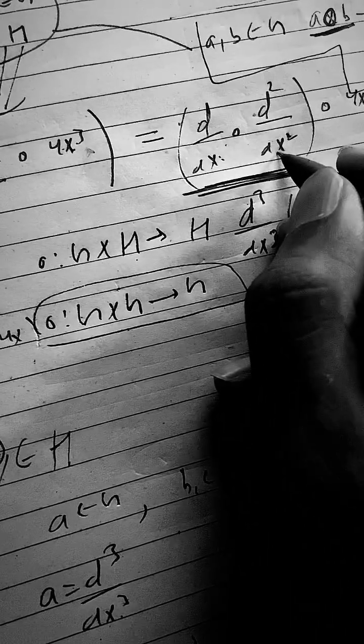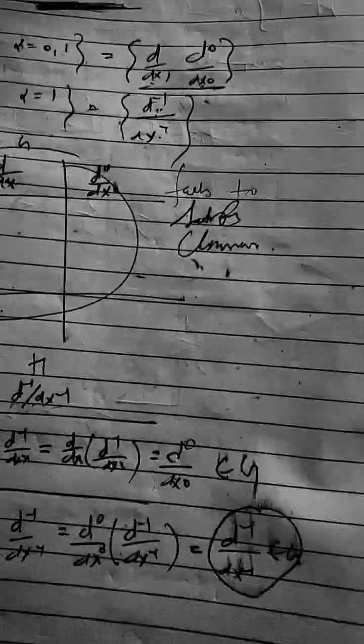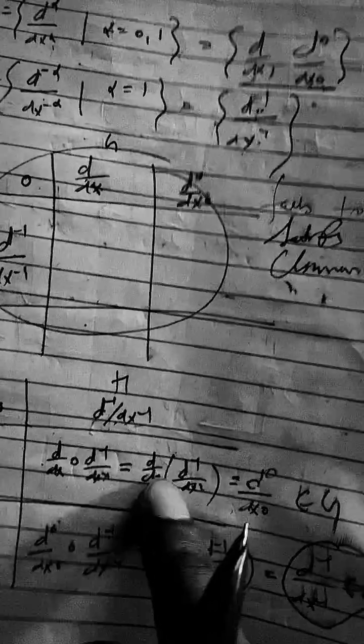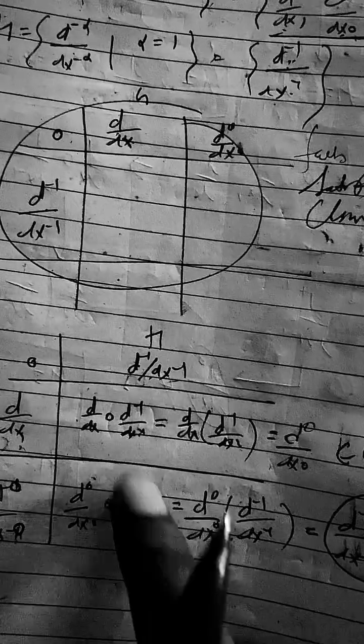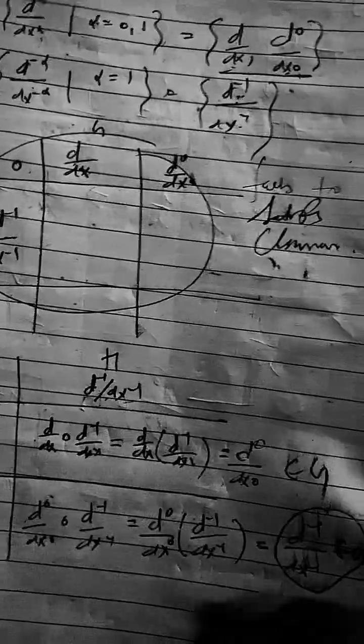Here it is G cross G. So how do we handle this? It is a little problem, and we made this mistake everywhere. Here also, see, G cross G, G cross G, G cross G, but this operation was defined from G cross H. So how do we handle this?